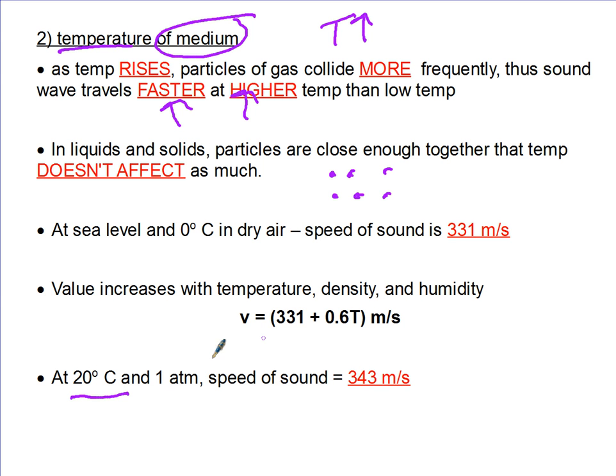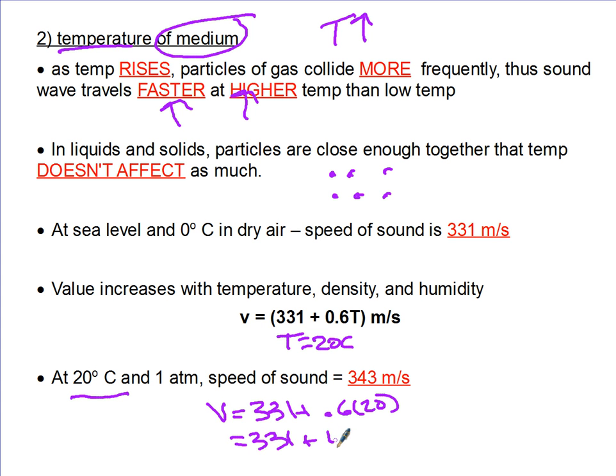So, at 20 degrees Celsius in one atmosphere, so at T equals 20 Celsius, the velocity in air is 331 plus 0.6 times 20. Let's try 12. Can't multiply today. 331 plus 12 is 343 meters per second.